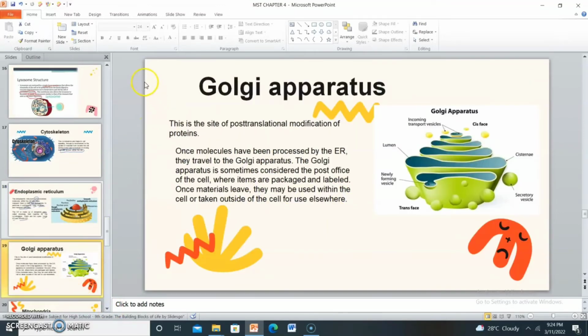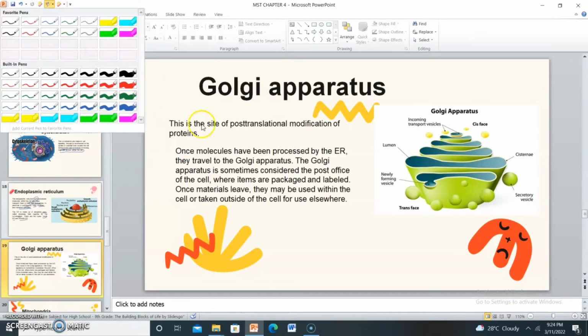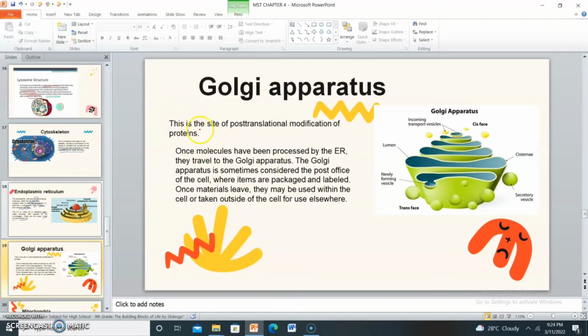So the next one is the Golgi apparatus. This is the site of post-translational modification of proteins and lipids. Once molecules have been processed by the ER, or the endoplasmic reticulum, they travel to the Golgi apparatus.